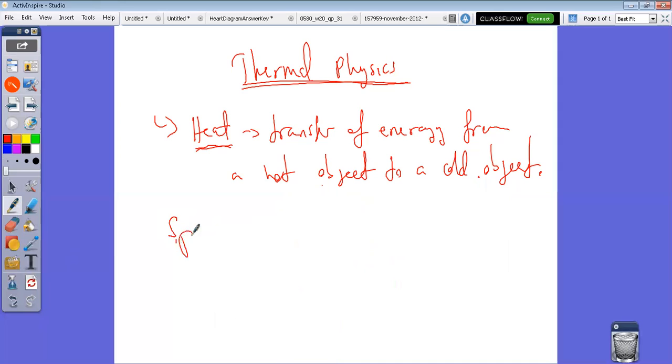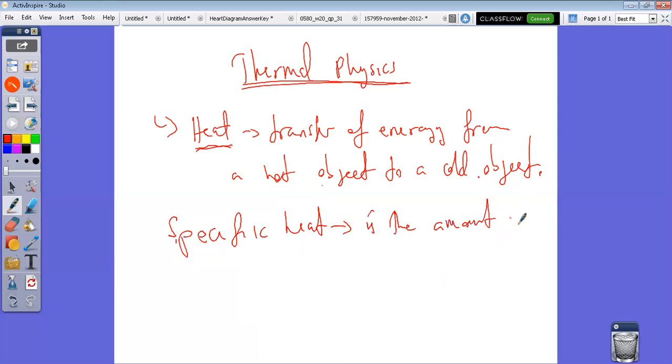Specific heat capacity is the amount of energy. Is the amount of energy. You can write those definitions down.